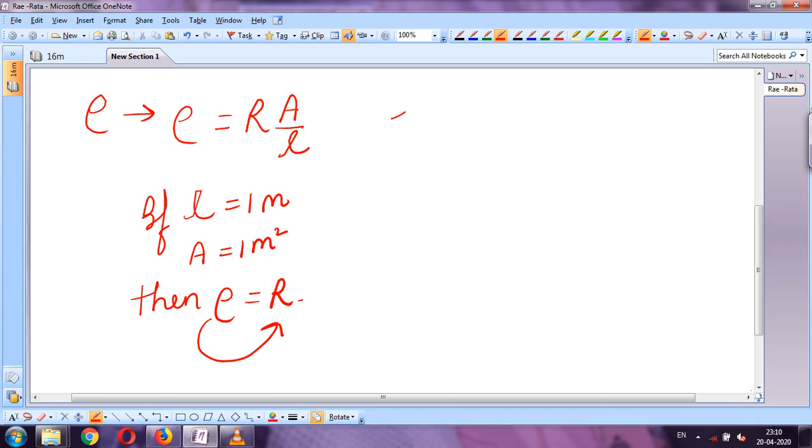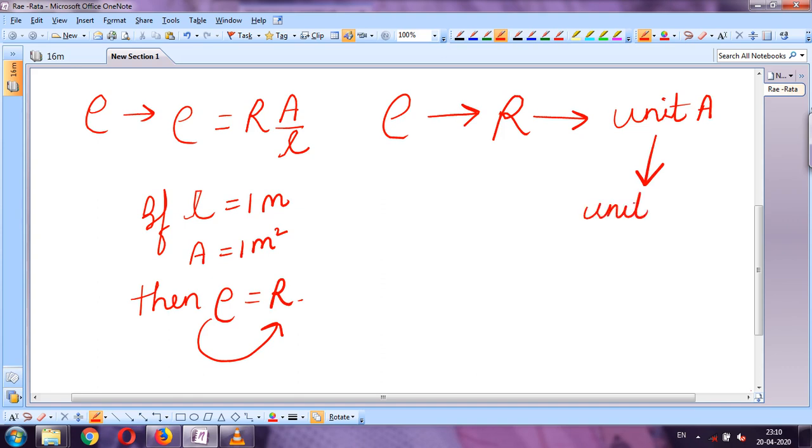So what is resistivity? Resistivity is defined as the resistance of a conductor of unit area of cross section and of unit length, because length as well as area both are 1.